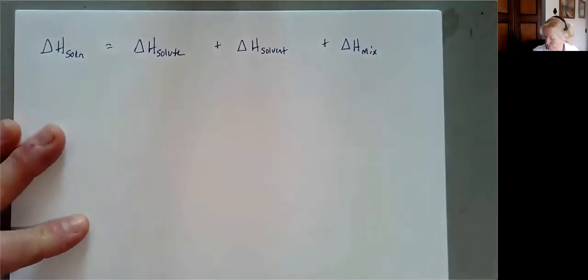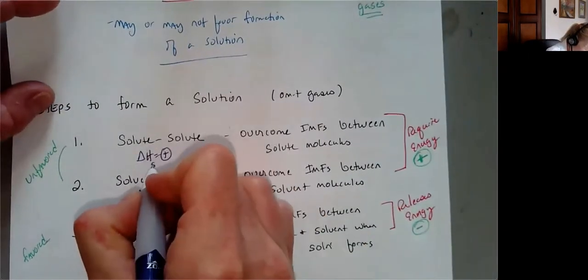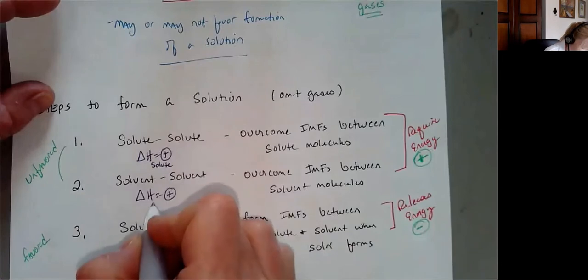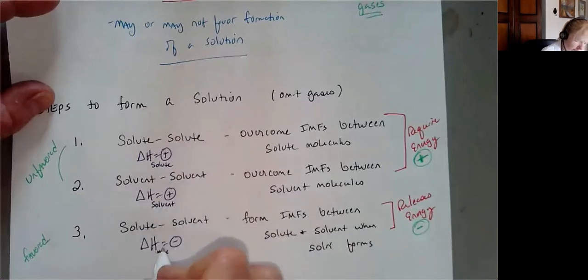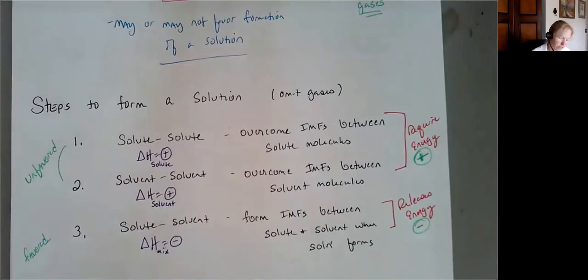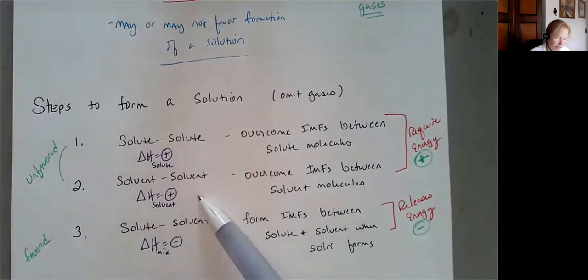So that's my mix. So this is my delta H of solute. This is my delta H of solvent. And this is my delta H of mix. And so my heat of solution takes into account all three of these components. These two that require energy, and this that is going to release energy.